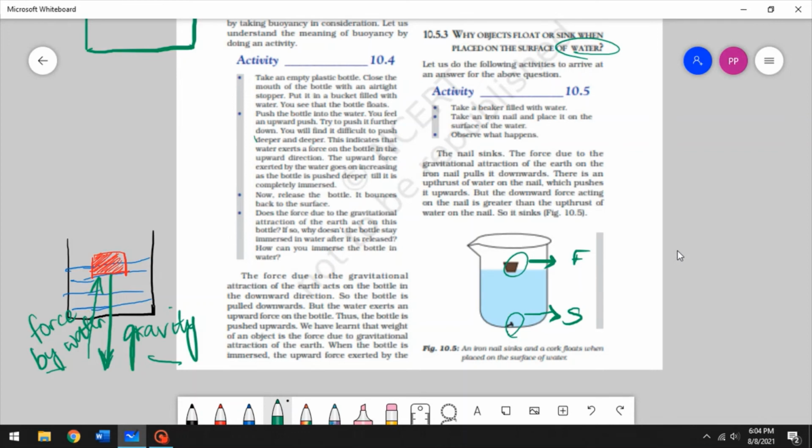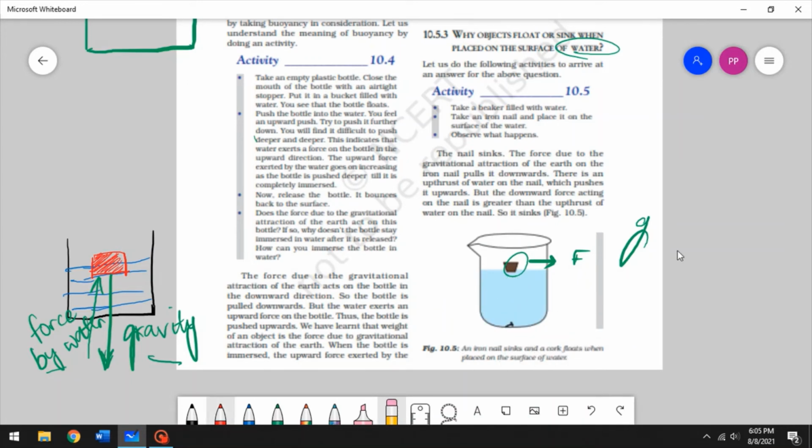So the reason behind the nail sinking is that the gravitational force of attraction that acted on the nail was greater than the force by water. I'm just going to represent the gravitational force by small g and the force by water by F sub W, alright? Let me do color coding here.